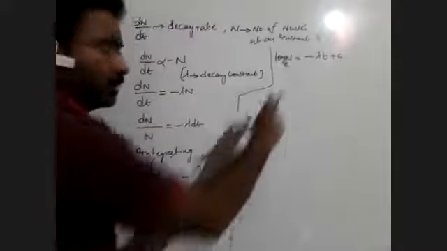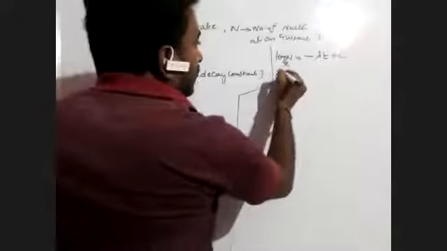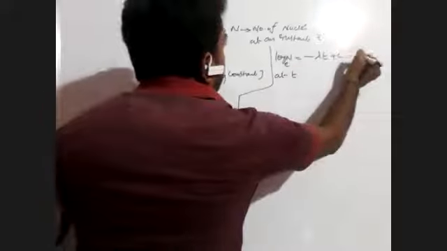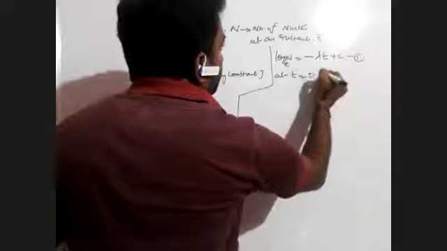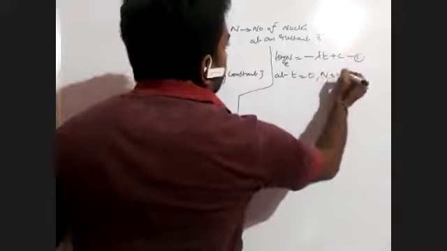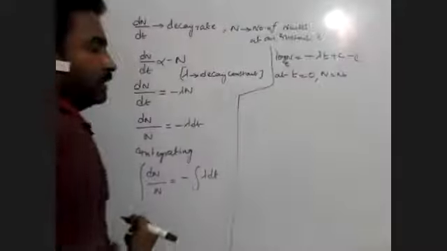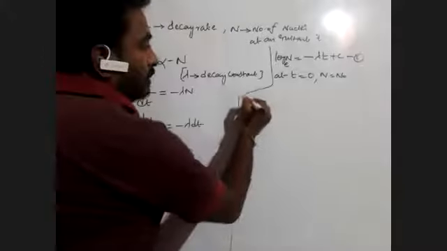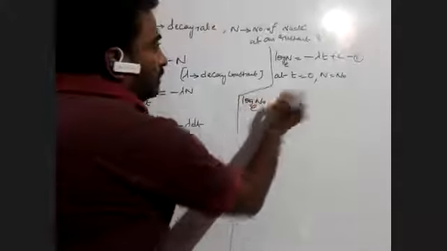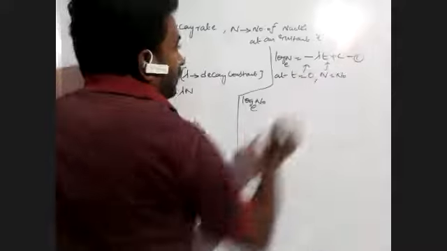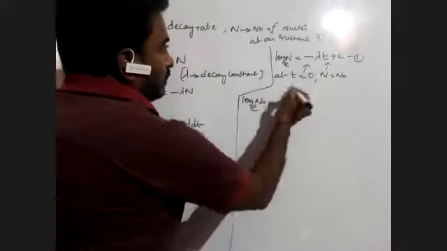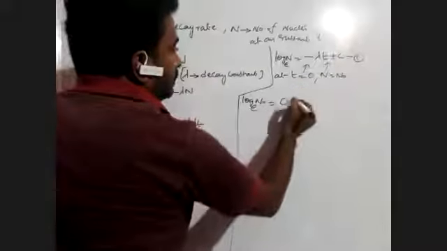To know this constant, at t equal to 0, N is equal to N naught, the number of nuclei originally. Substituting this, log N naught to the base e is equal to minus lambda times 0 plus c.